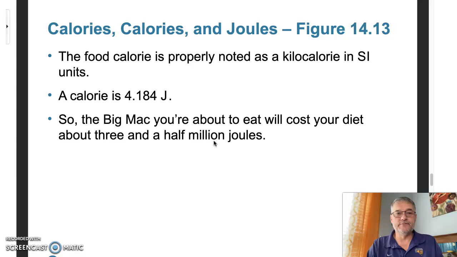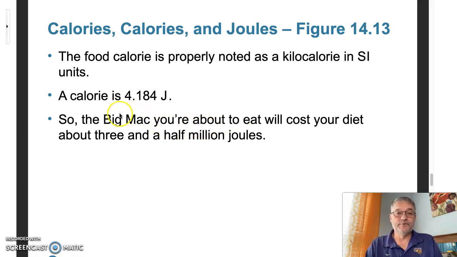Calories are a unit used to measure energy, and a calorie is 4.184 joules. We most often deal with food calories, which are actually kilocalories. So 1 calorie of food is 4,184 joules, and that is a way of keeping track of the amount of energy something has.